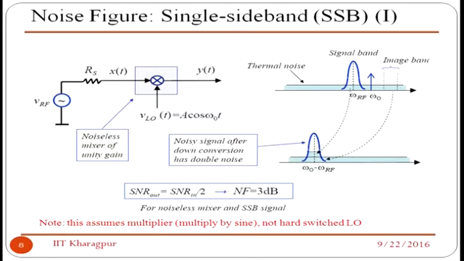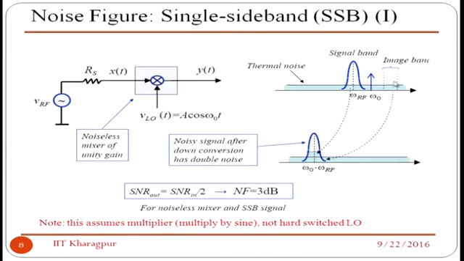Look at your publications or the results published in literature, whether they have given a SSB signal to noise ratio or a DSB signal to noise ratio. Most of the time you will be confused. So let me first show you what those confusions are. Suppose you have an RF fed to a mixer, and what is that? This is a single sideband, right?